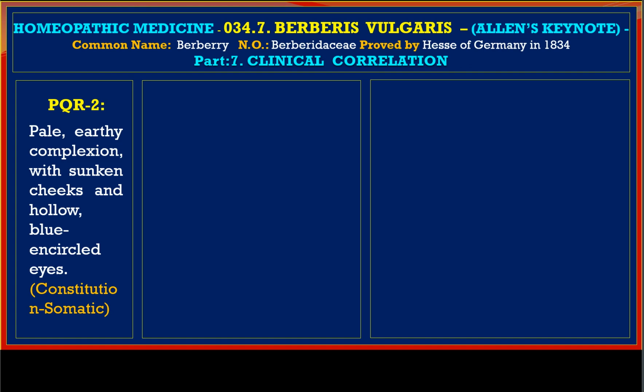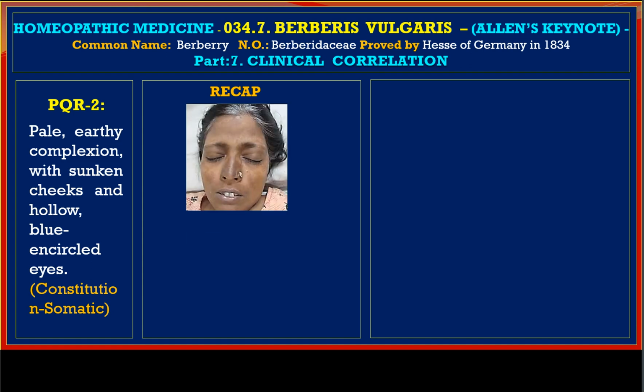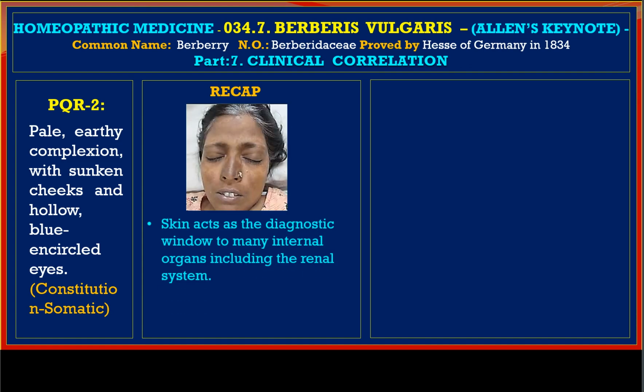This is a constitutional somatic physical profile of the patient of Berberis vulgaris, but it is not going to come up initially as the patient has the stone, unless and until the patient goes, as we recall, into chronic renal failure.